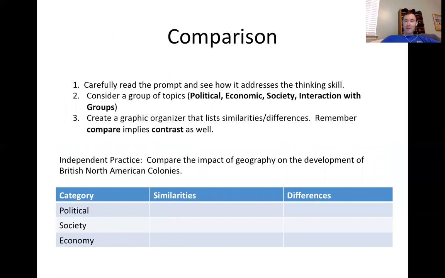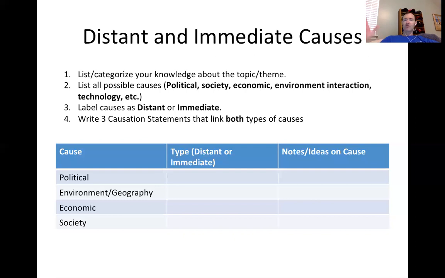But you want to think about the causes of the impact of geography as opposed to just comparison. And you might be wondering, Mr. Baker, why? Well, pause, reflect on causes, and the next slide or two will give us clarity on that.